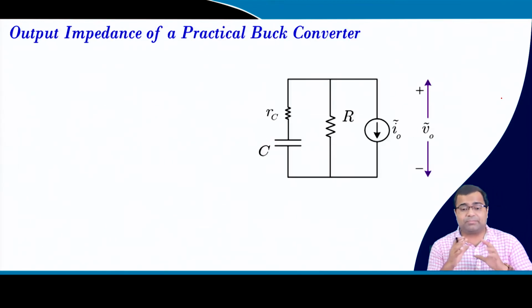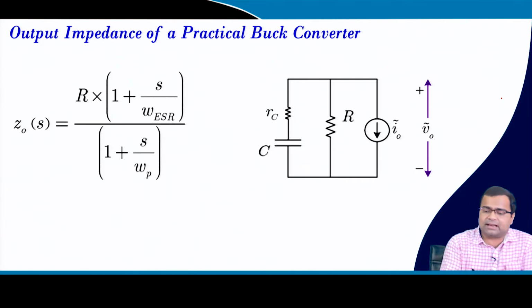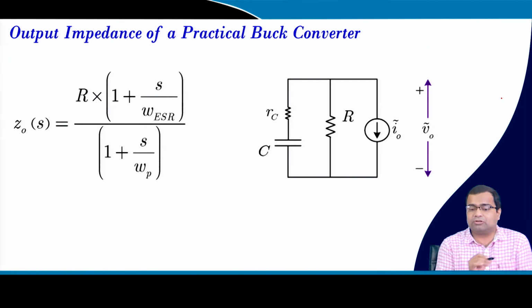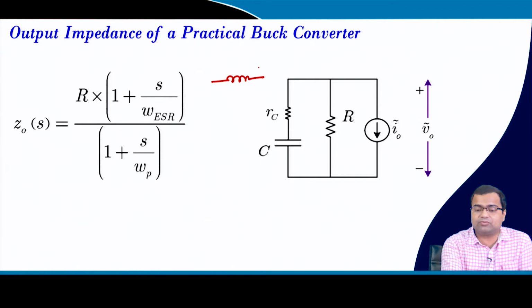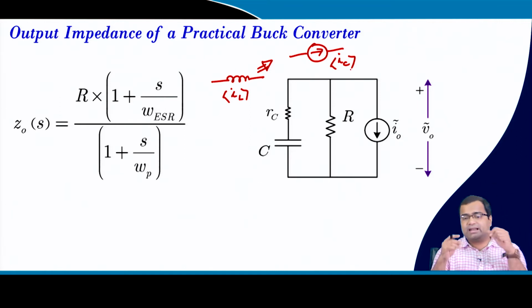Now the output impedance of the practical buck converter that we derived: it was R ESR, because this is under current mode control, where we converted the inductor current into a control current source. We assumed that the average inductor current can be replaced by the average peak current, and we are directly controlling the peak current, by which the inductor becomes a control current source.